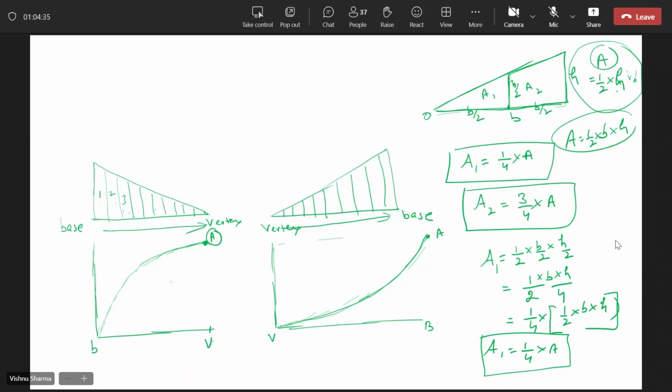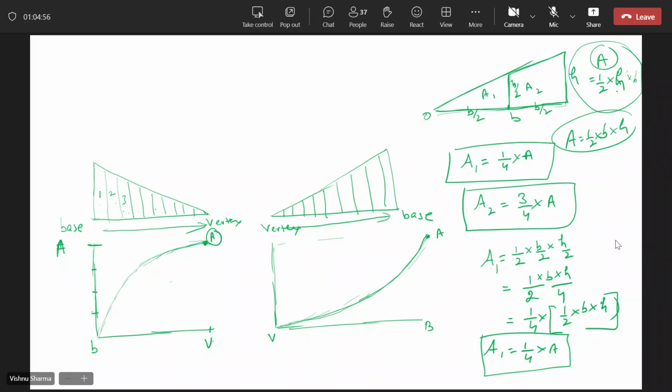I'll use that property and you see my graph would be more or less okay, may not be exactly okay. In our case, let us say this is A, whatever it is. Now, if I divide this A into 4 equal parts, each part represents 25%. Correct? Okay.